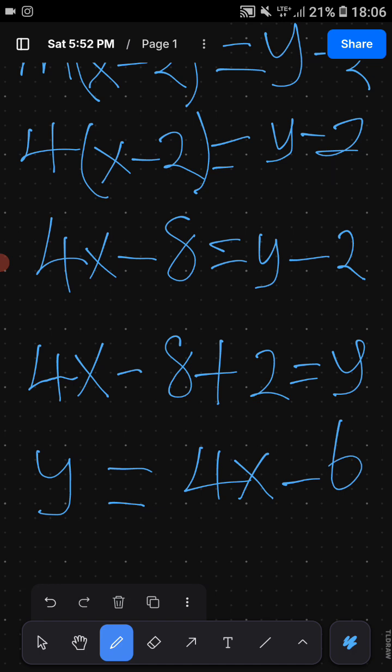This is the equation of the line which has point (2, 3) and slope 4. The slope is the coefficient of x, which is 4, and the constant is the y-intercept if we were to sketch this.